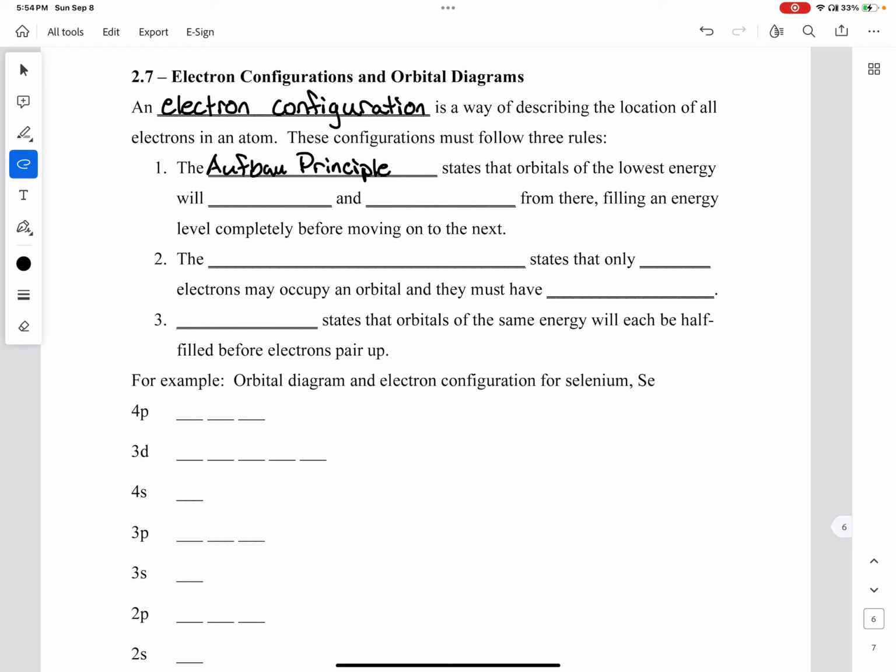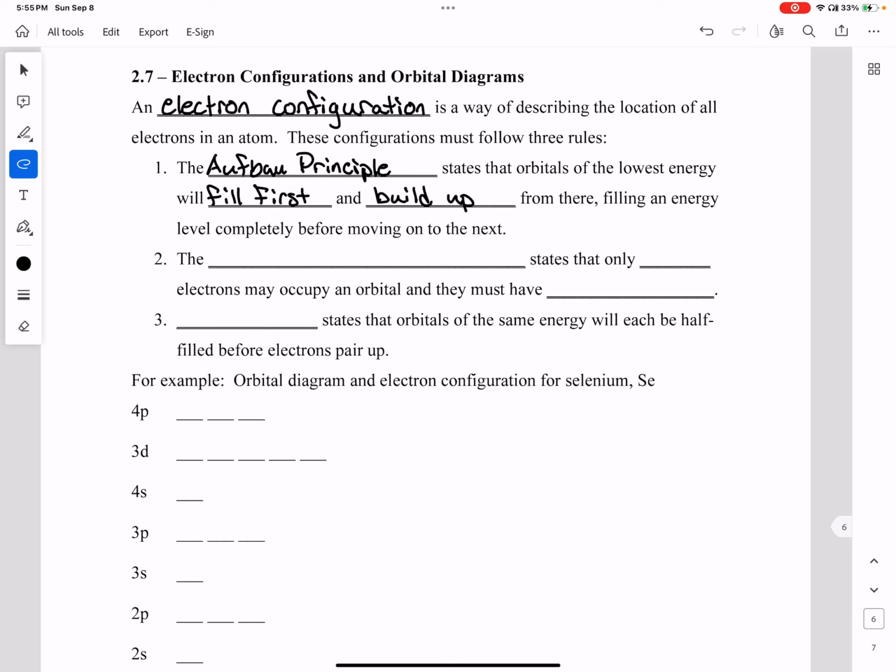And so it states that orbitals of the lowest energy will fill first, and they will build up from there. This is also called the building up principle, and I'll show you in an example in a moment. So it states that an orbital of a lower energy or a set of orbitals is going to fill up completely before moving on to the next shell, or we could call the next energy level.